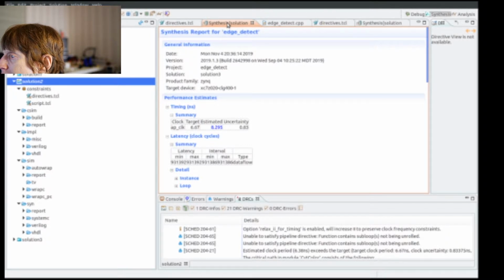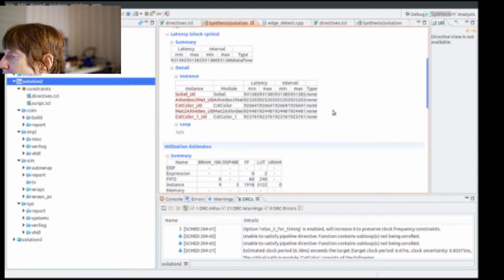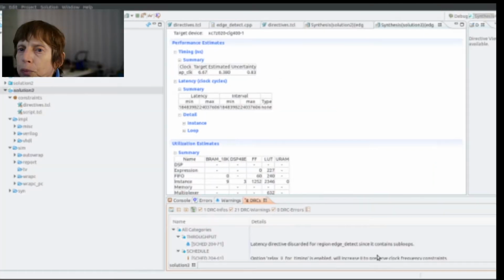So this latency, and it can get into, so hard to tell.